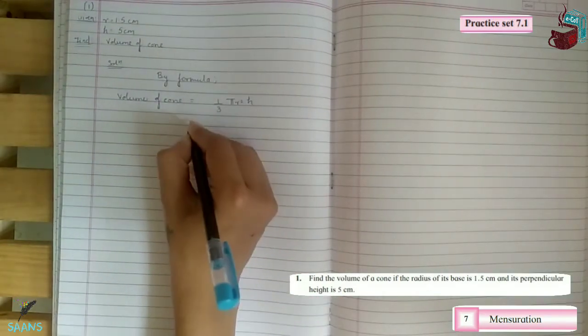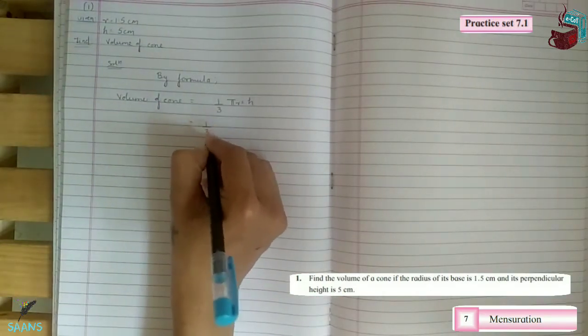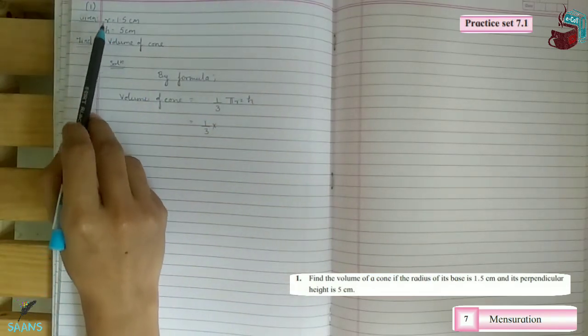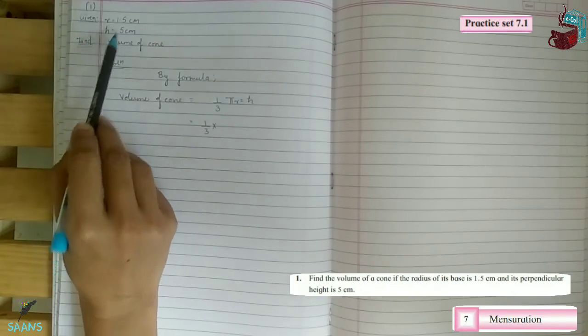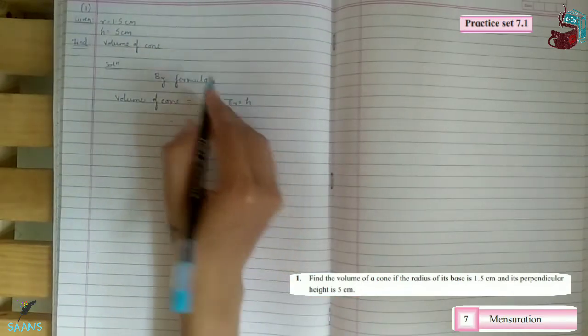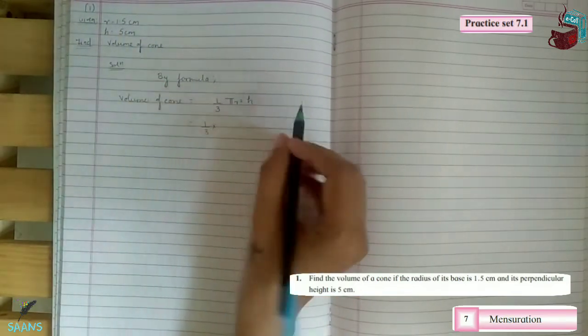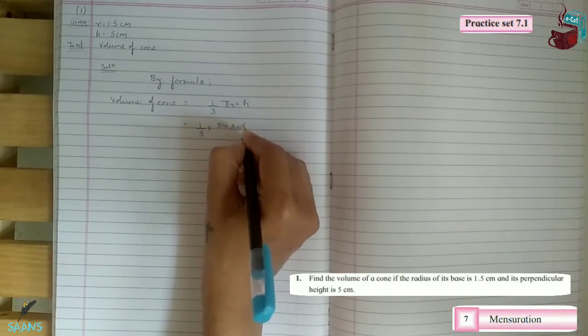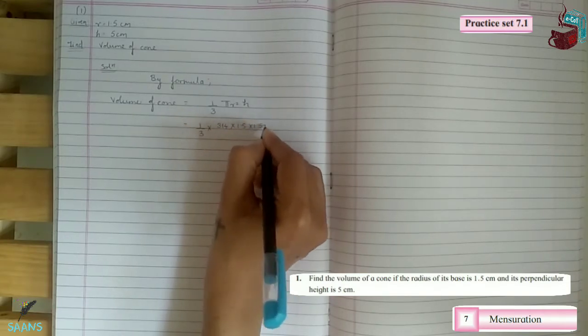Therefore, that is equals to 1 upon 3. Now, as I told you, if r or h is a multiple of 7, then you can take pi as 22 upon 7. Otherwise, you have to take it as 3.14. R is 1.5 into 1.5 into 5.